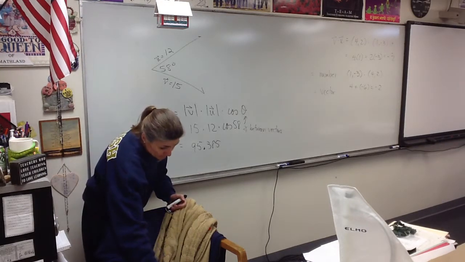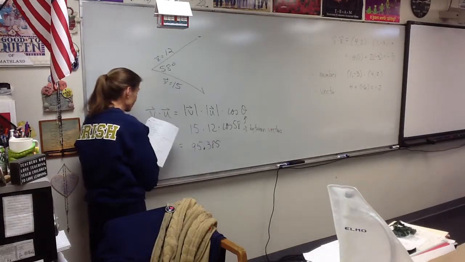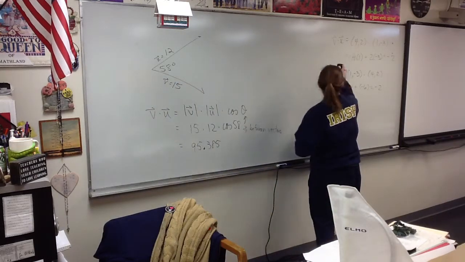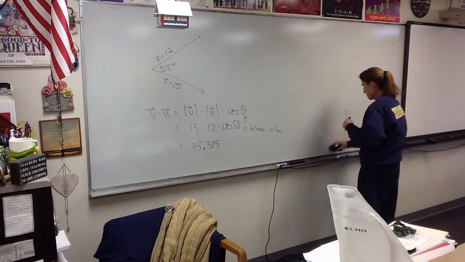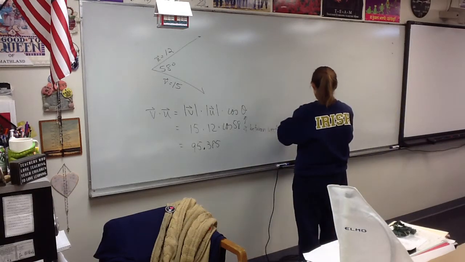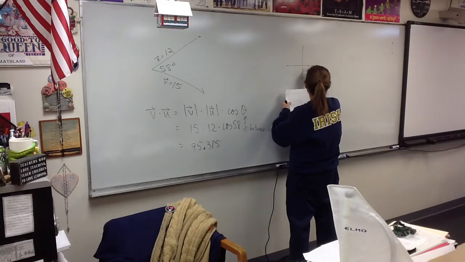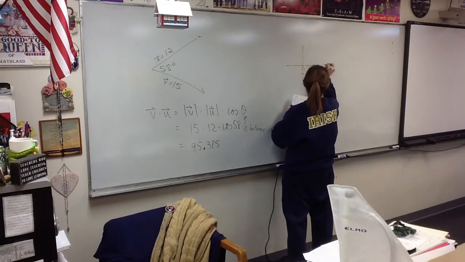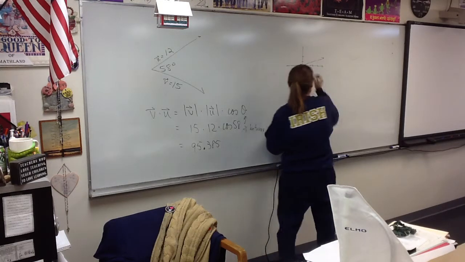Now, let's look on our note sheet at problem number 4. I know we haven't done 3 yet, but we're going to. Number 4 says, okay, I've got these 2 vectors out there, 1, -3, and 4, 2, and clearly they form an angle.